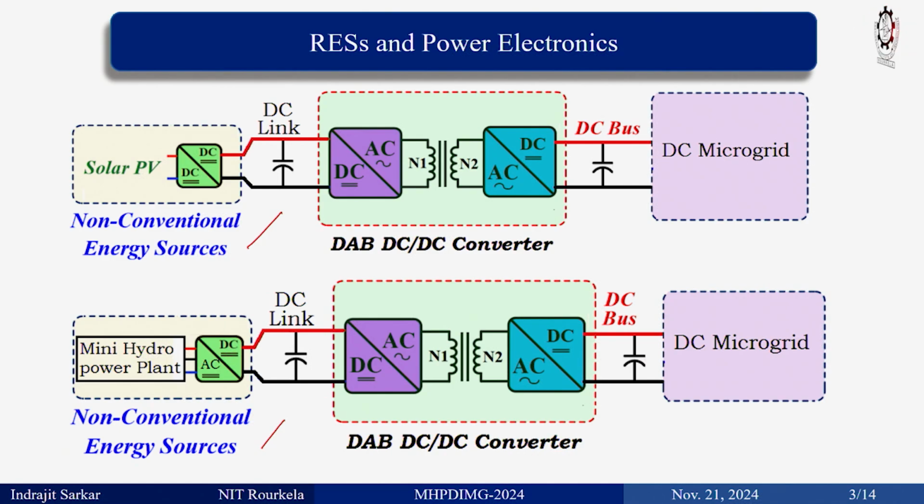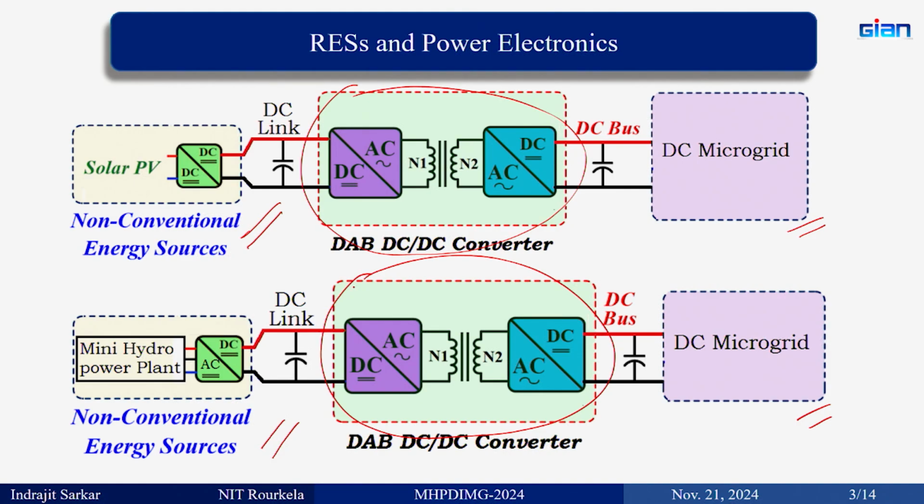Now, in this figure you have a DC microgrid for both the cases, then you have solar PV or you can have a mini hydro power plant. Now, here sits the DAB converter, the dual active bridge converter. Before that, let me explain the components one by one.